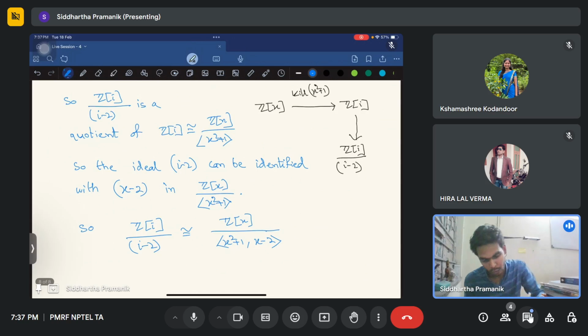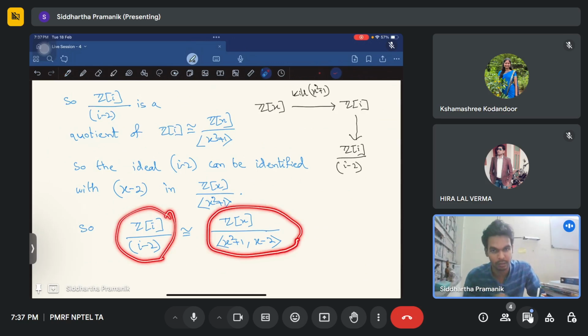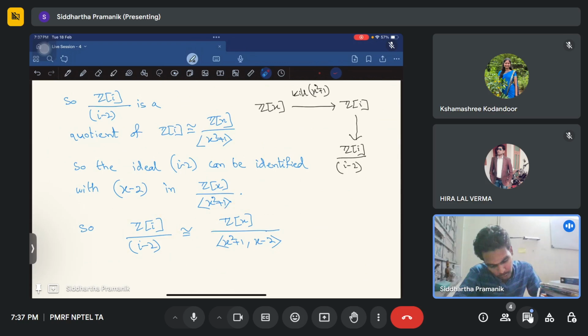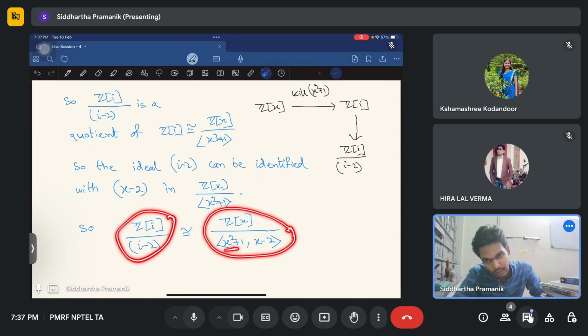Right? Now, so we are going backwards actually. So from this quotient, we get this quotient. We are going backwards. Now we need to identify this quotient. So if you take this quotient and you first kill x² + 1, you will get this one. So what about the other way?